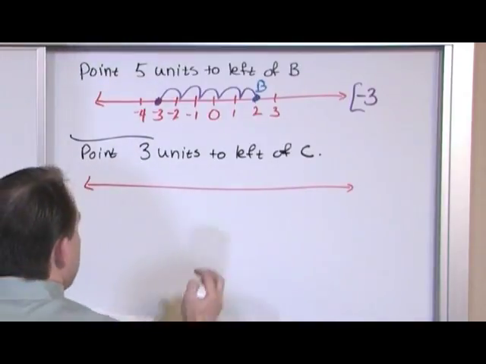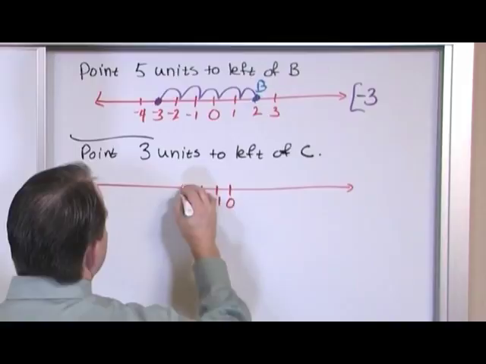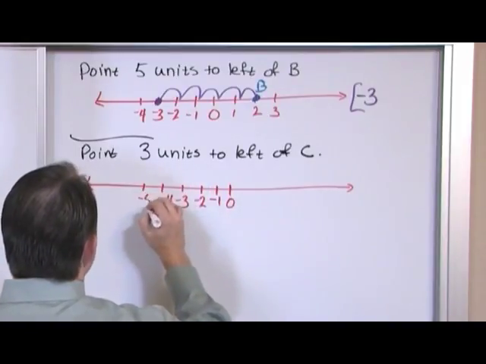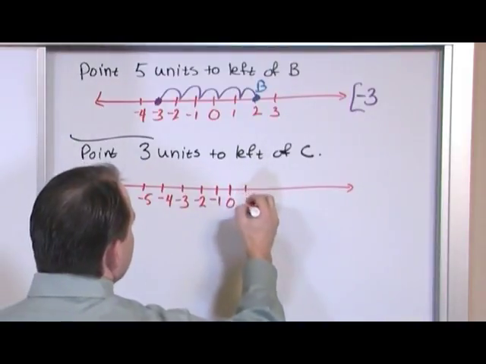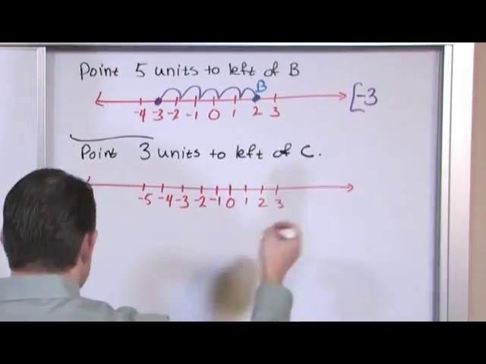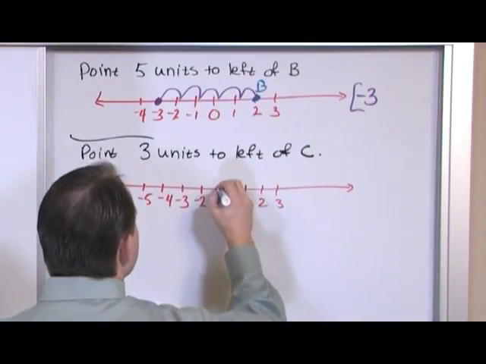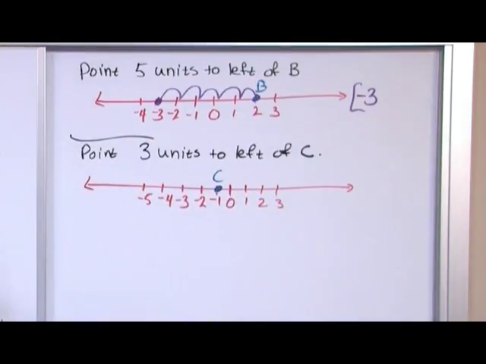All right, and let's say 0's here, negative 1, negative 2, negative 3, negative 4, negative 5. Don't forget these, 1, 2, 3, on and on forever. Now let's say point C is located right here at negative 1. So the question is, what point is 3 units to the left of the point that we've labeled here?